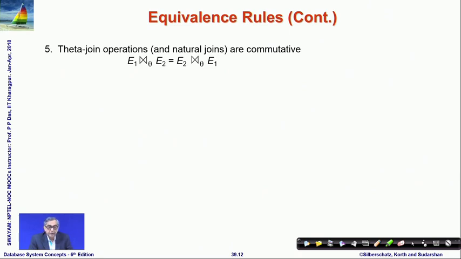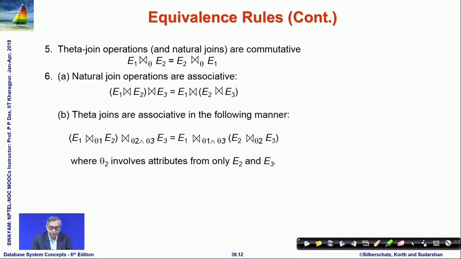So, this might impact, for example, you have seen the algorithms of nested join and block nested join. Obviously, depending on the size of the relations, the cost of doing E 1 theta join E 2, or E 1 natural join E 2 and E 2 natural join E 1 may be different, and we would choose the one which has a lesser cost.